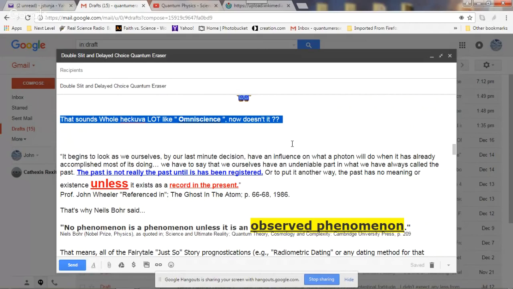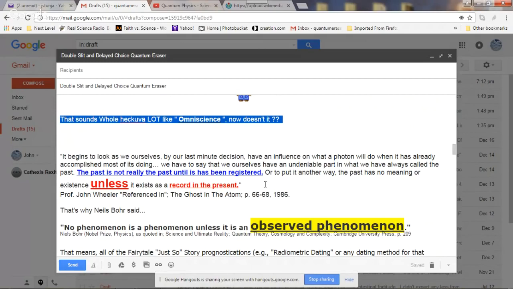Yeah, so I could Professor agree. John Wheeler, check this out from Professor John Wheeler. Yeah, this is years before this experiment even took place. These guys knew it. It begins to look as if we ourselves, by our last-minute decision, have an influence on what a photon will do when it has already accomplished most of its doing. We have to say that we ourselves have an undeniable part in what we have always called the past.